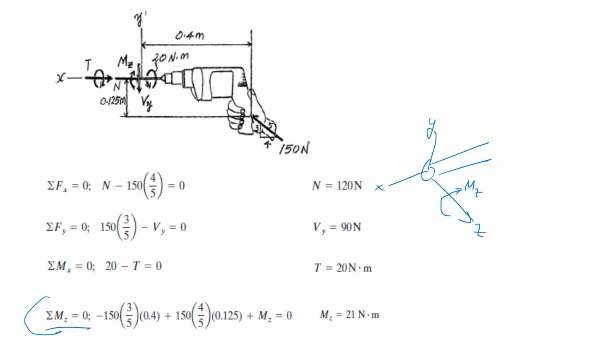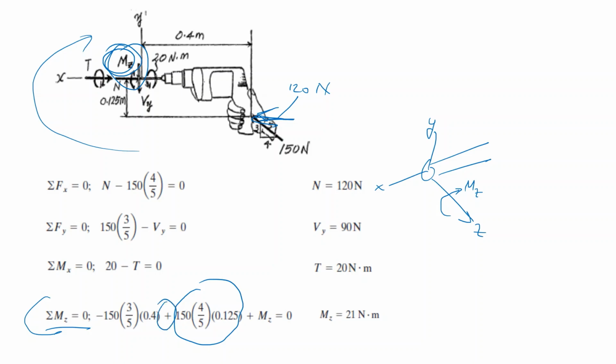Around the Z-axis, the horizontal component of 150 is 120 Newton, which tries to rotate in the same direction as Mz, also positive, and we have another component, 90 newtons, that is trying to rotate in the opposite direction.